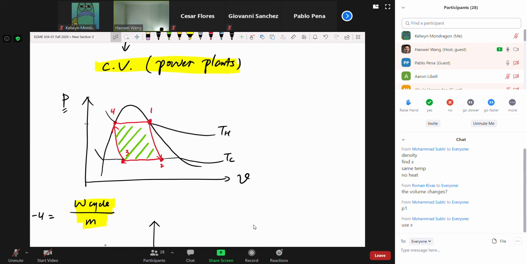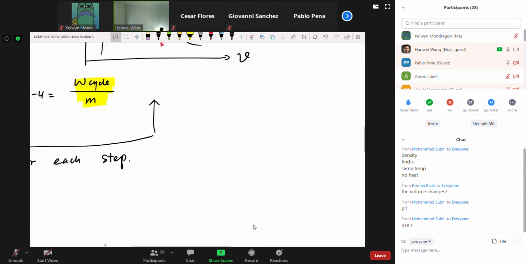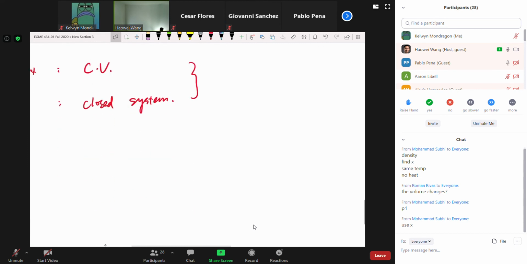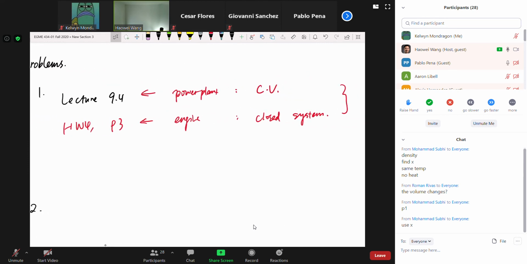So make sure you study the example, cover the solution, and do it by yourself, so that you understand how to approach every point. 1, 2, 3, 4. Okay, 4 to 1 is the easy one. 1 to 2, not difficult. 2 to 3, number 2, number 3 are the difficult parts. All right. Okay, so that's problem number 1, and you can study lecture 9.4 and homework problem number 3.